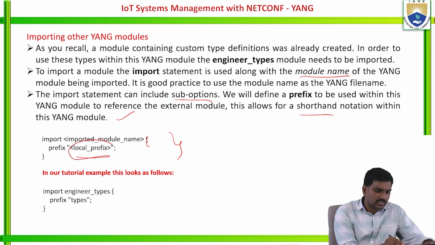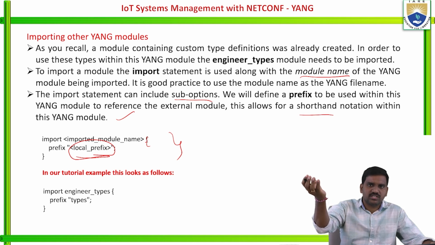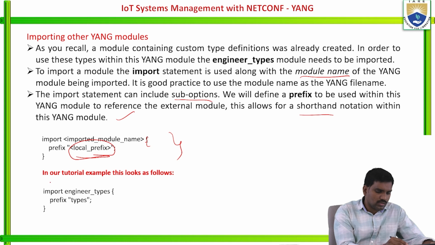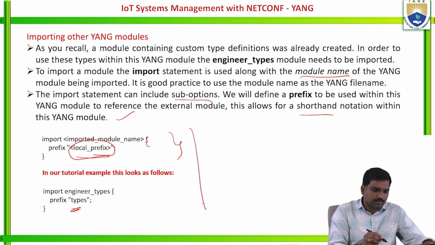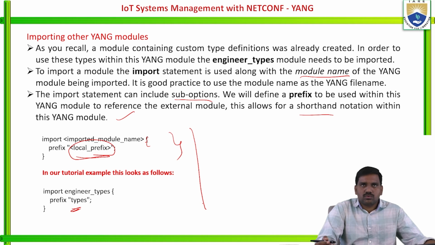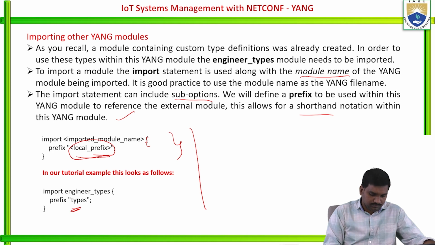You can mention the local prefix here. From the local prefix module we can import some data. In our tutorial example, we import engineer types, begin, then the prefix, which type of parameters we are going to import from the previous local module. So this is how to import from other YANG modules.